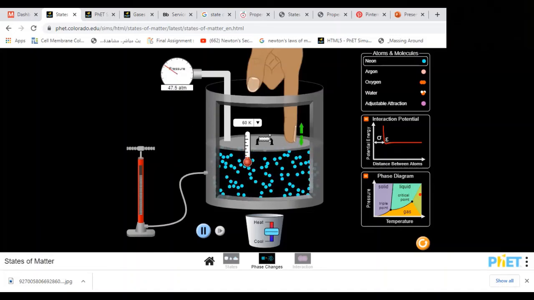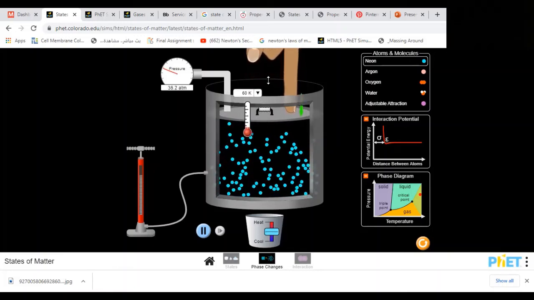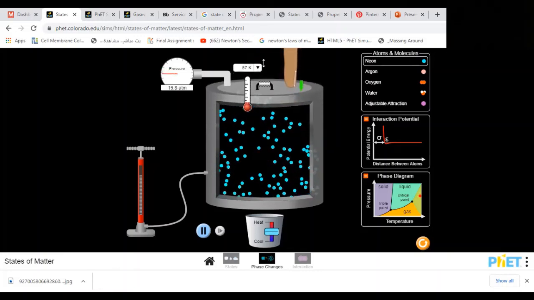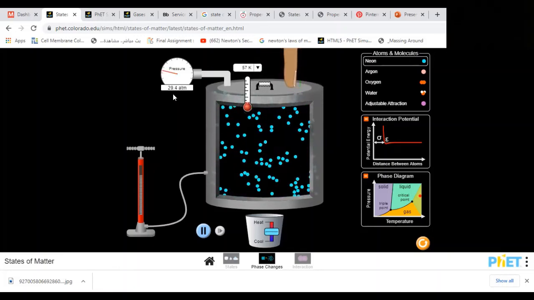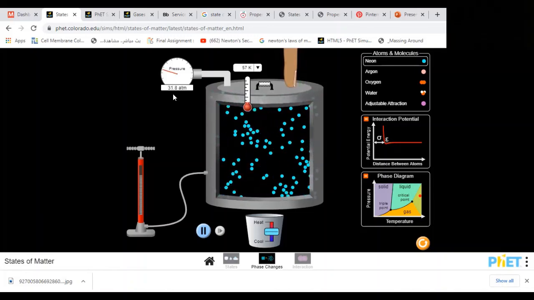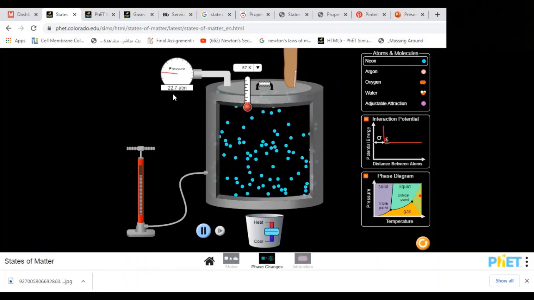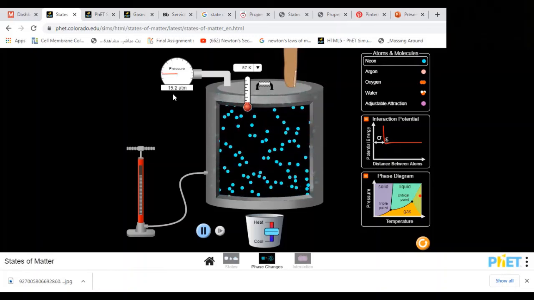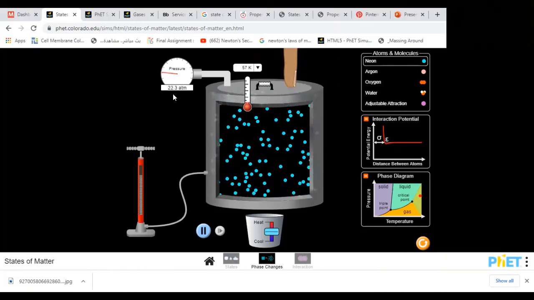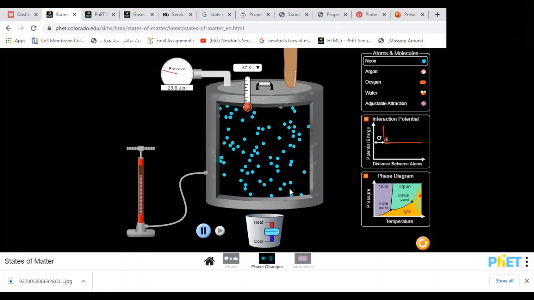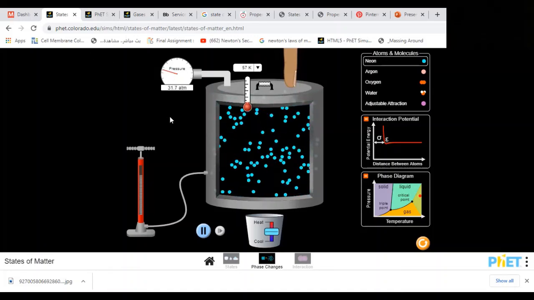And the opposite. If I increase the volume, what happens to the pressure? See, it becomes less and less. So the pressure is decreasing. As I increase volume, pressure decreases.